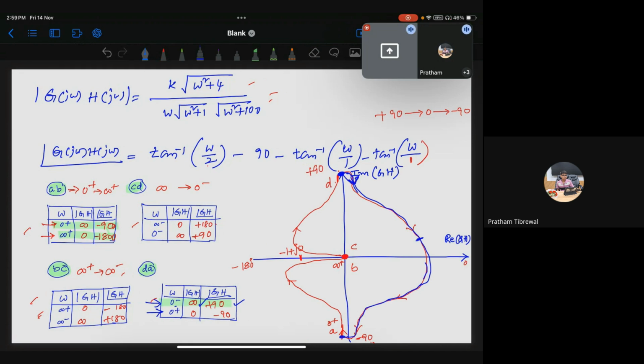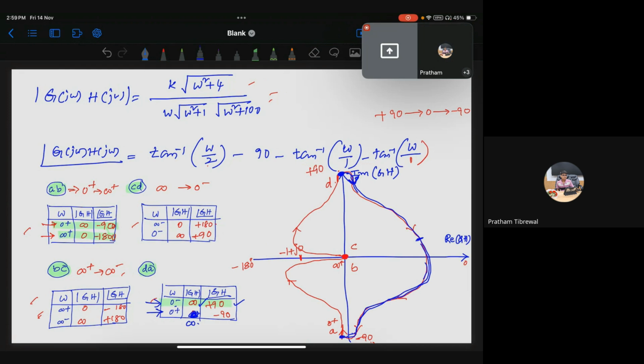So it's starting here. Then where does it end? Is it 0? No, that has to be infinity only. Infinity minus 90. So it goes like this. So this has to be infinity.